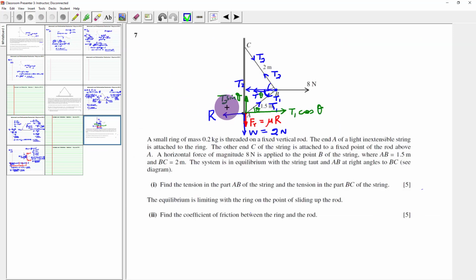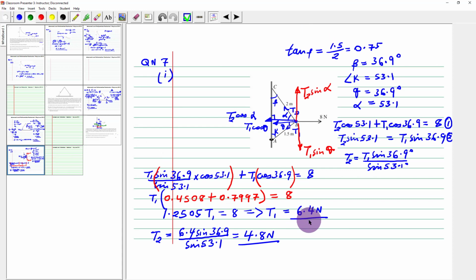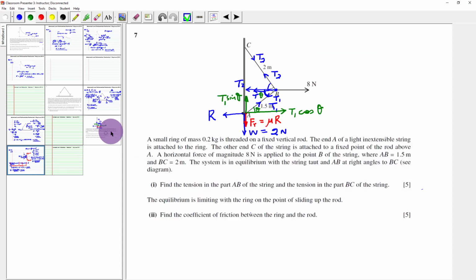Actually, this force here is not T2. I think I've made a mistake there. This force is still supposed to be T1 because it's T1 that we are resolving. There is no direct link between T2 and this point here. So the force acting at this point is T1, and this one is T1 sine theta. Let's confirm the value of T1 is 6.4 newtons. I don't need T2.